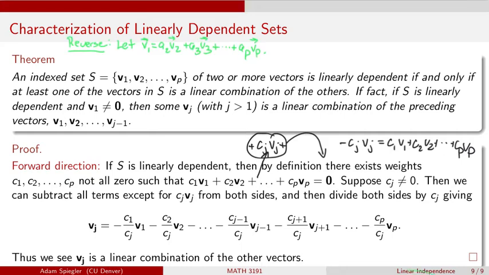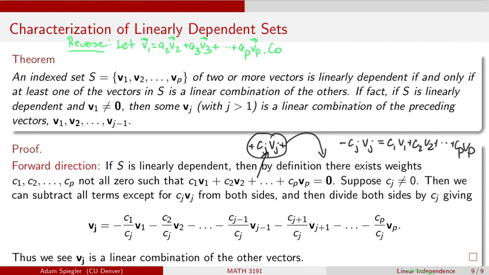So now we're going to assume that, without any loss of generality, we'll say the first one, V1, is a linear combination of all of the other vectors. So it's some weight A2 times V2 plus some weight A3 times vector V3, all the way up to weight Ap times Vp. So we're going to assume V1 is a linear combination of all of the other vectors in the set.